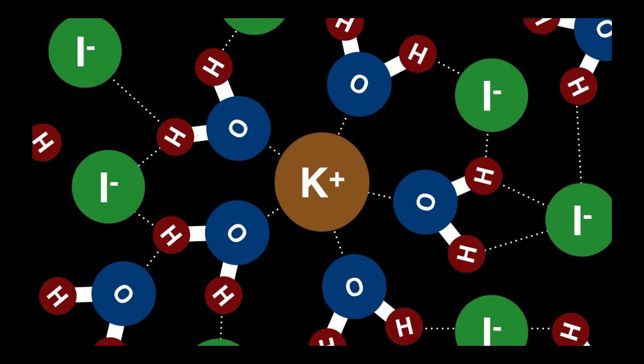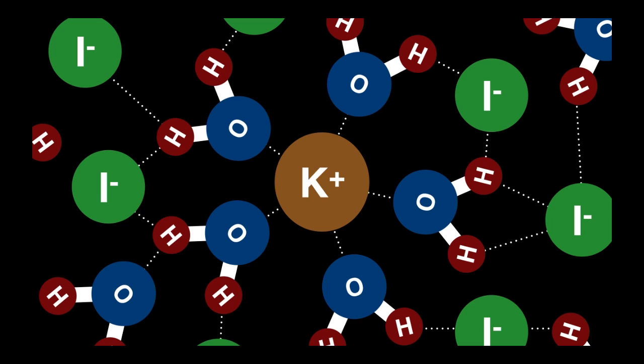But we don't always need two dipoles to attract each other. Anything with a positive or negative charge will attract a dipole. Here we have potassium iodide. It's an ionic compound and it dissolves in water, which means its ions dissociate into a positive potassium ion and a negative iodide ion. As you can see, the negatively charged oxygen atoms are attracted to the positive potassium ion.